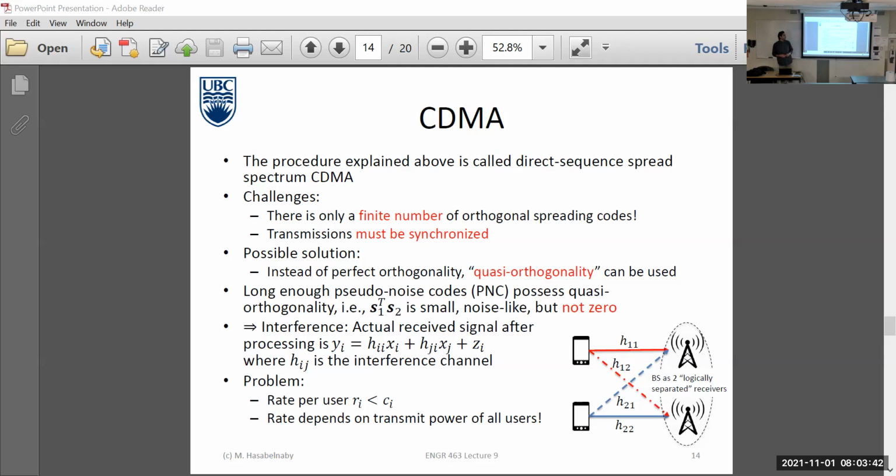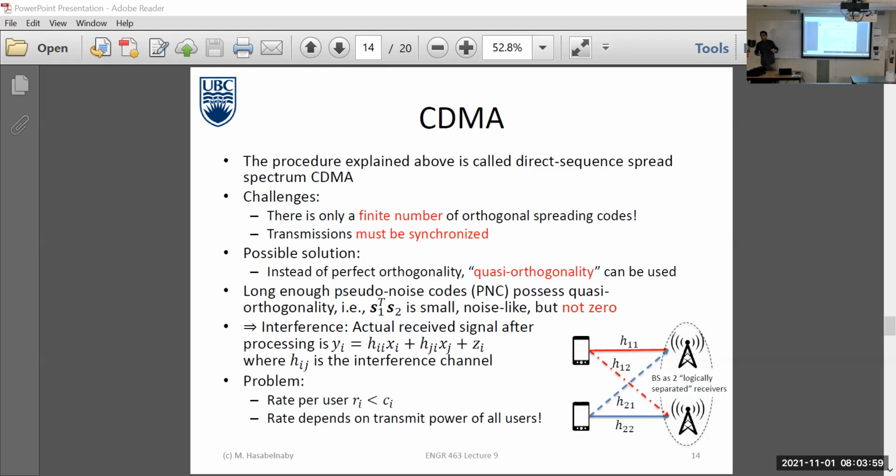Okay, so we discussed frequency division multiple access, and as Daniel liked to say, frequency division: we divide frequencies between users.